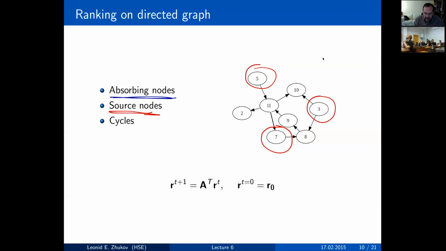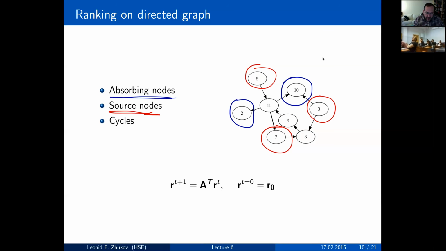All the rank will flow into those nodes and accumulate in those nodes. We'll see in the second intuition why it's going to happen that way. But you can think about this as, again, you have certain nodes that do not have any incoming links, and when you multiply the matrix by the vector, they will be zeroed out. But there are other nodes that do not have outgoing links, and so they will accumulate the values.